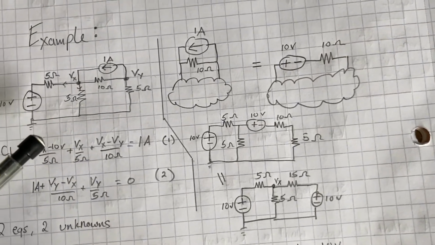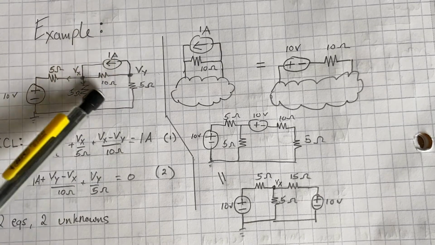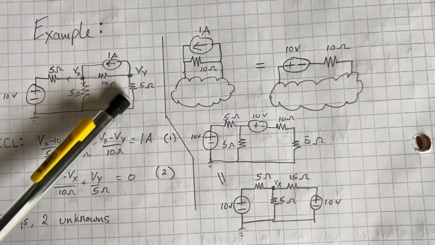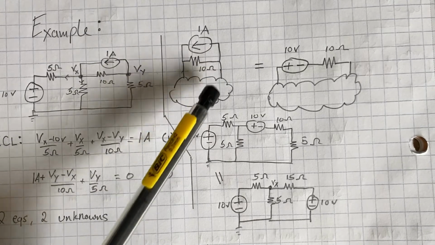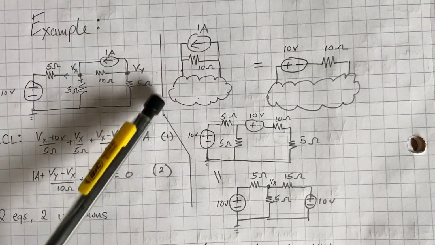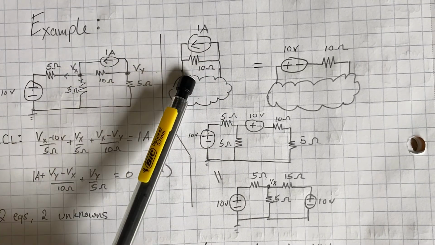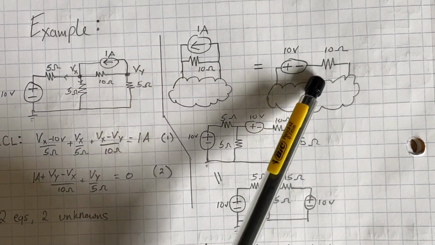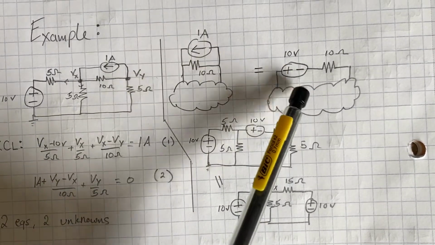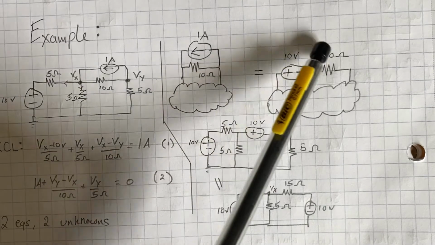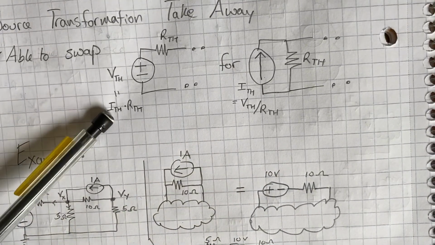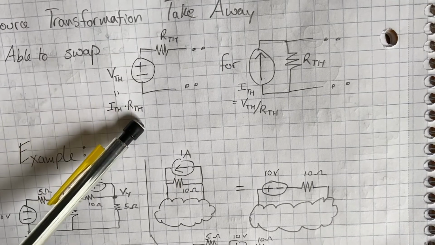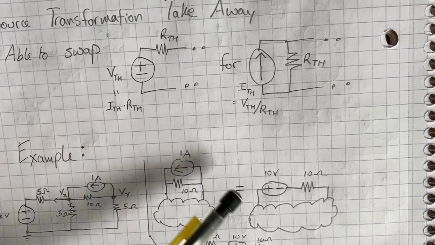Whereas if you were to recognize that this current source in parallel with this resistance is just connected to some outside network, just as before, we've proven that this satisfies the same IV relationship as a voltage source in series with the resistance. And what is the value of that voltage source? We've proven that it's just the current source times the resistance in parallel with it.